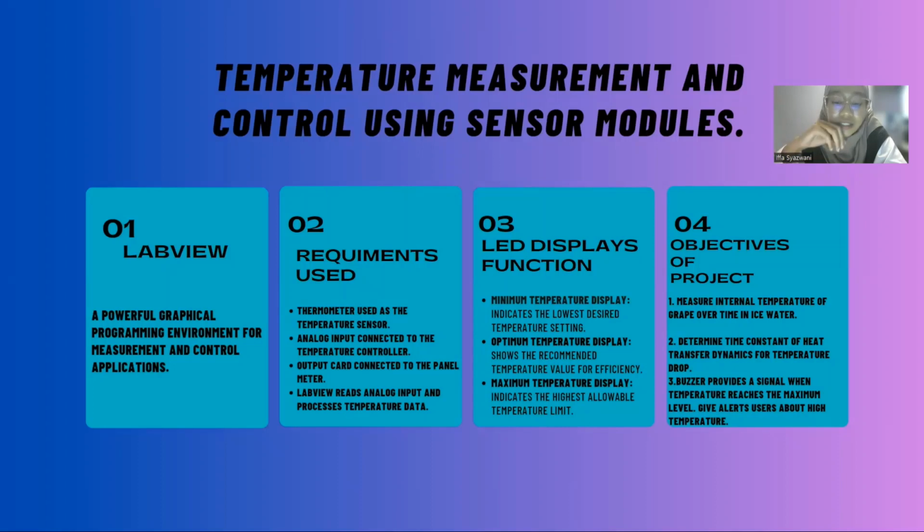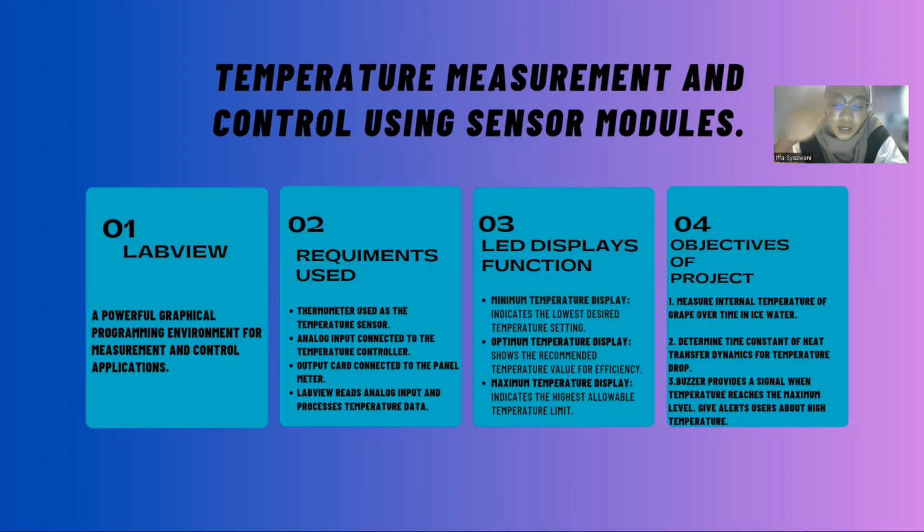This LED will indicate the highest allowable temperature limit. It serves as a visual indication of the upper temperature threshold that should not be exceeded, to prevent any damage or safety risk.